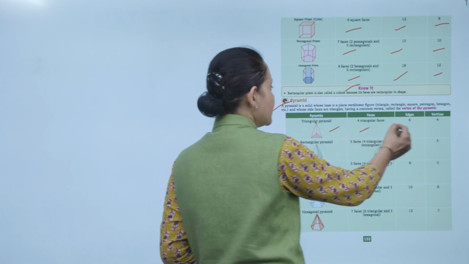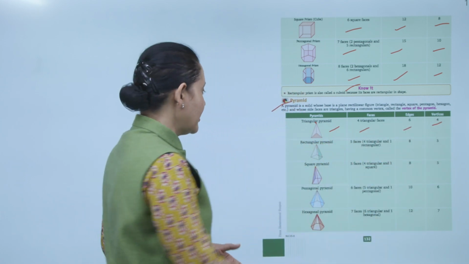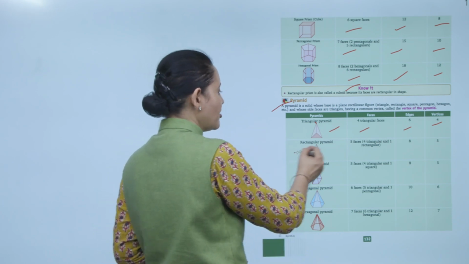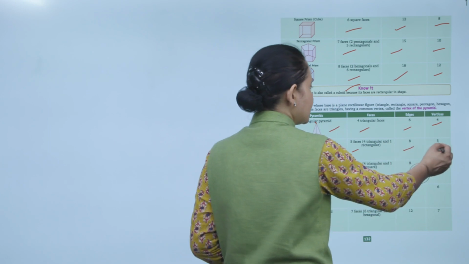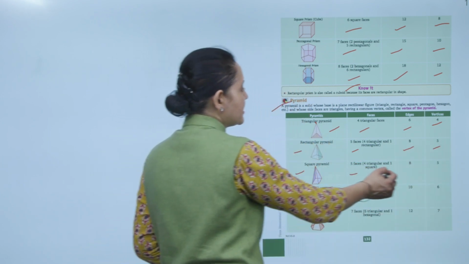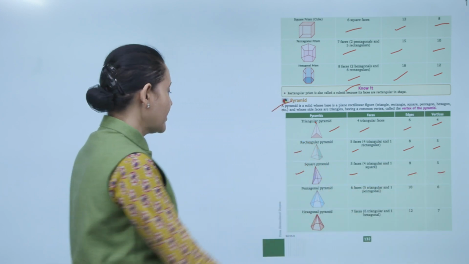A triangular pyramid has 4 triangular faces, 6 edges and 4 vertices. Rectangular pyramid: the name of the pyramid depends on its base. So a rectangle base is a rectangular pyramid, 5 faces, 8 edges and 5 vertices. Square pyramid: 5 faces, 8 edges and 5 vertices. Clear?